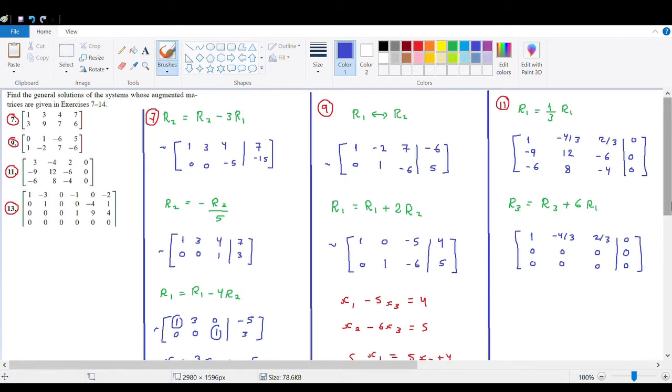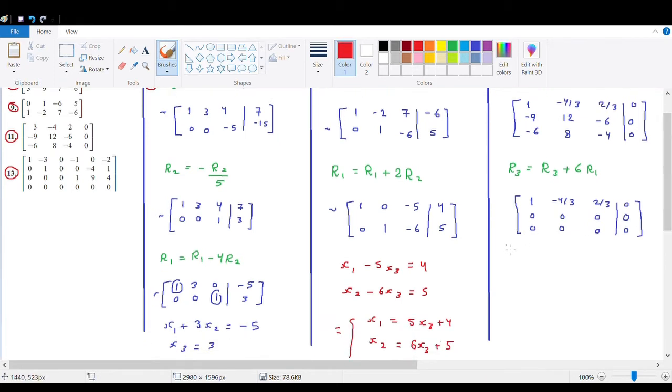Now our matrix is in reduced echelon form. To write the general solution, from the first row we have x1 minus 4 over 3 x2 plus 2 over 3 x3 is equal to 0. And from the second row, it is clear that all of them are 0.